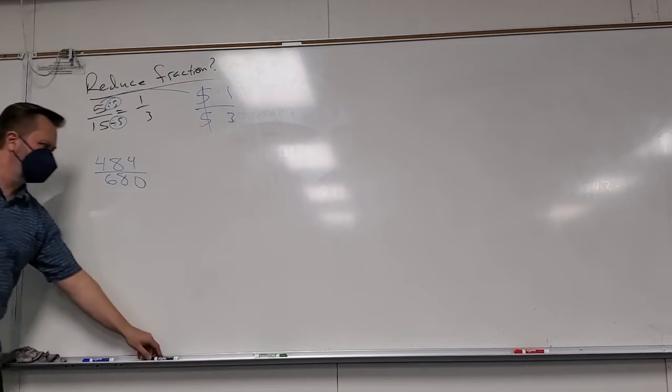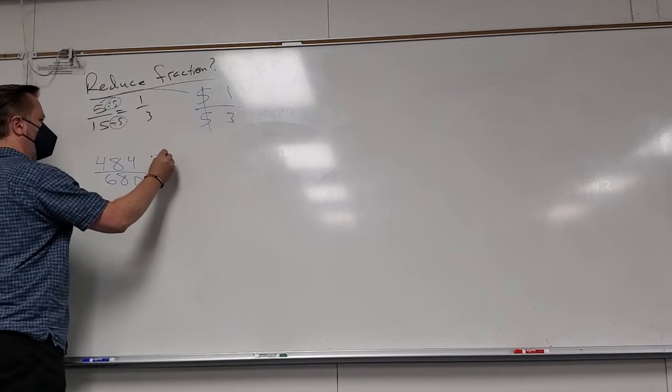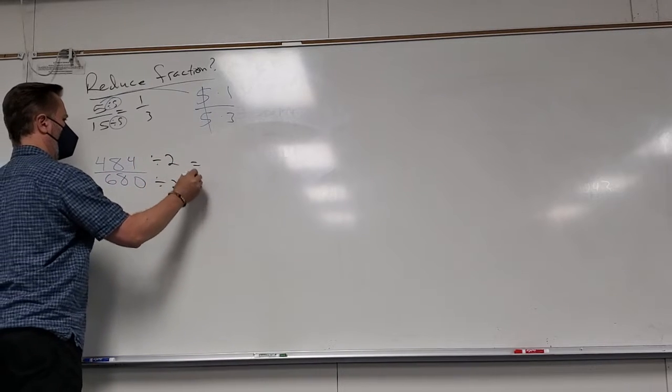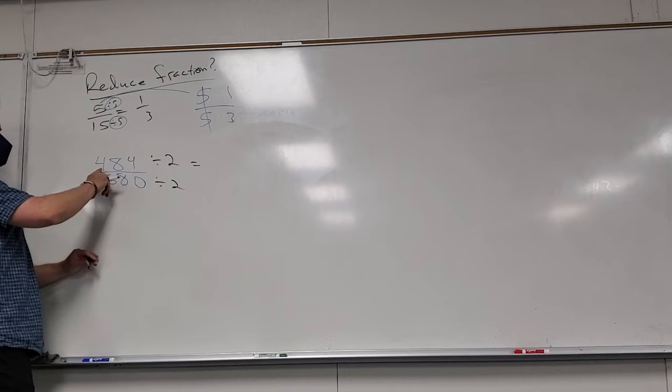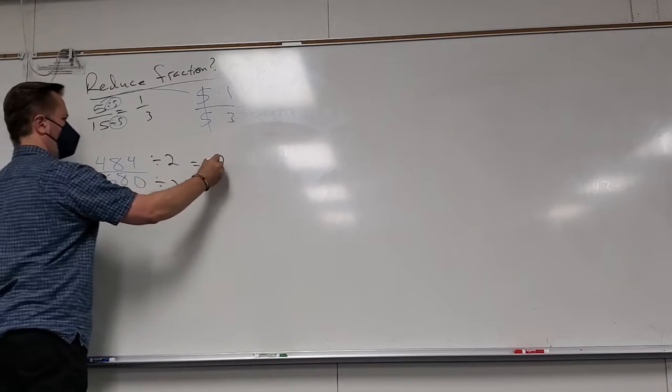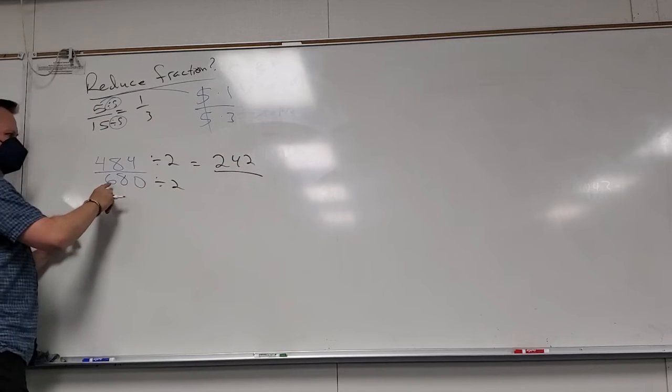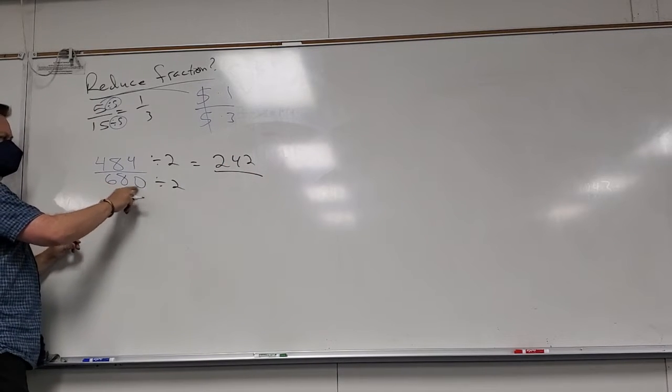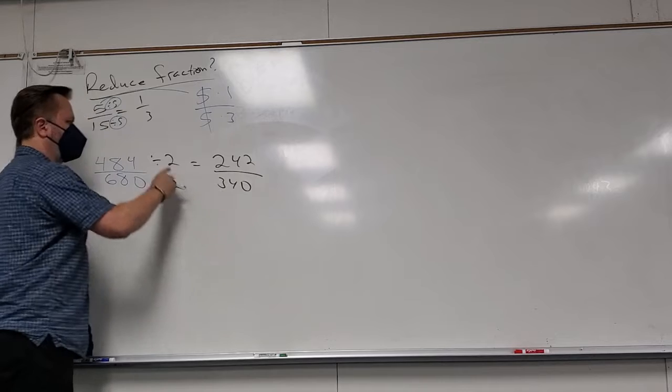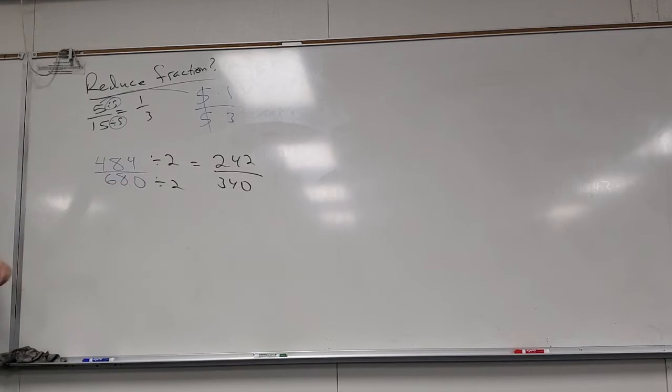All right, so you could divide by 2. So that would be what? 242 over 340. And why did you say divided by 2? Because these are both even. Did anyone else think about a bigger number that you could have divided first?